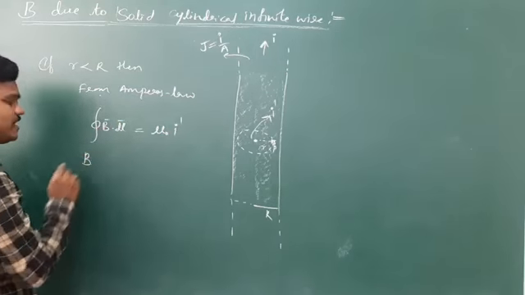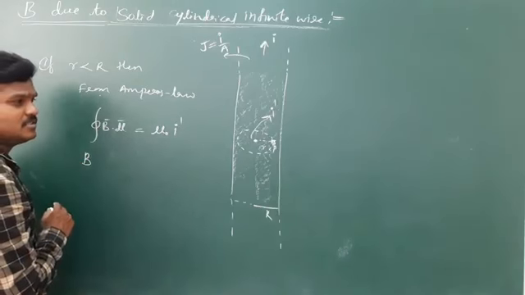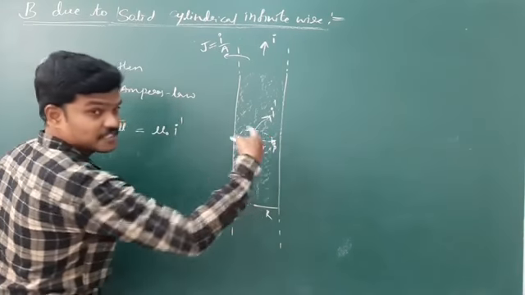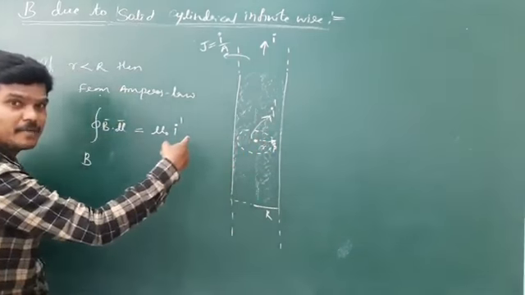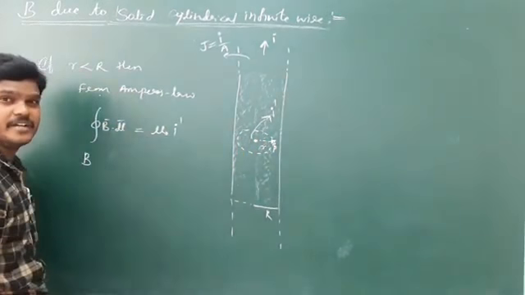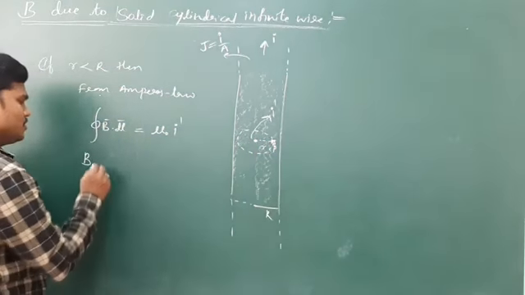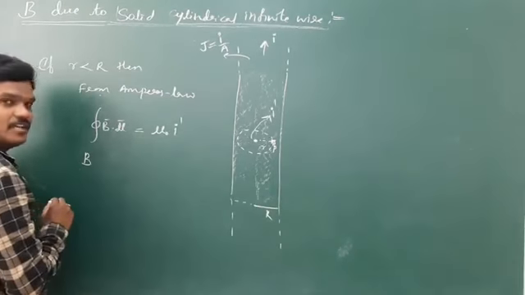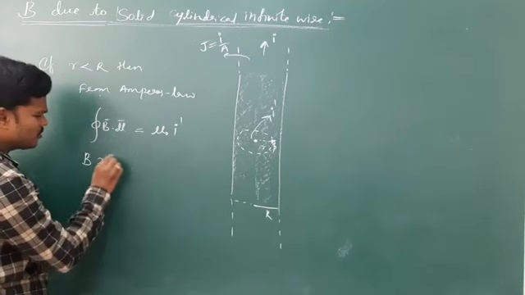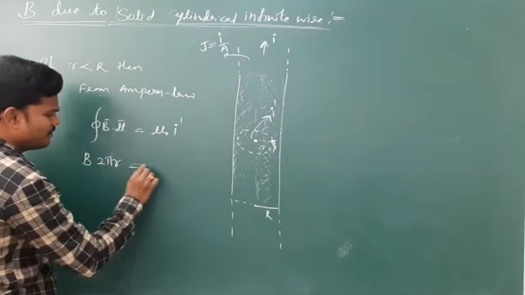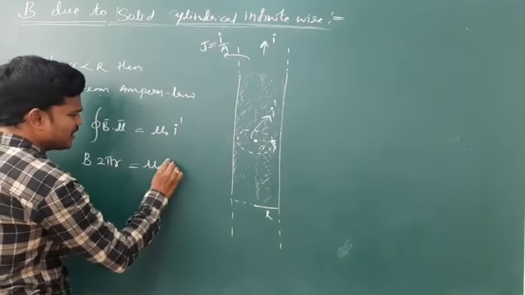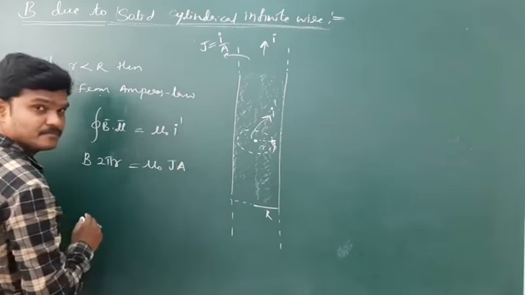So this is B dl cos 0. Due to symmetry, the dl direction and B direction are the same, so the angle between B and dl is 0. So this is B times integration of dl, nothing but 2 pi r, equals mu naught J A.